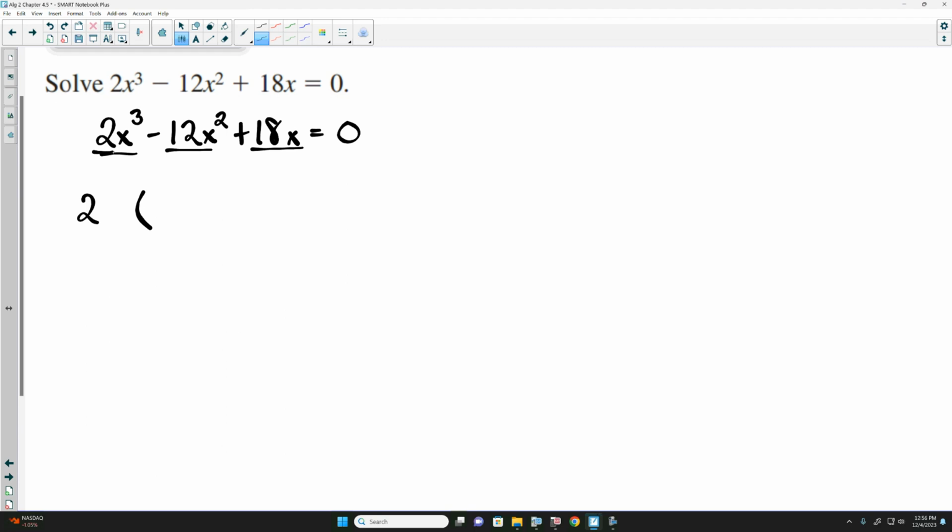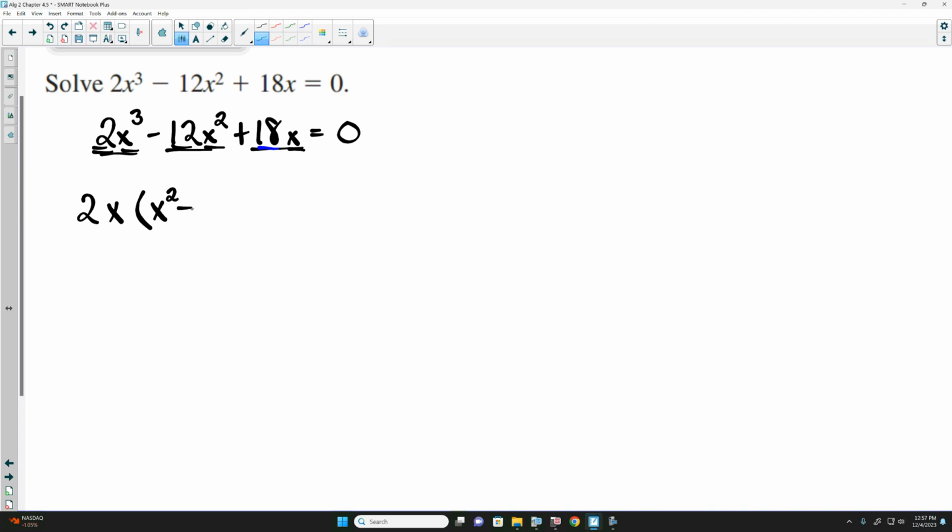Because 2 is in common with our 2, 12 and 18, yes? But we also have x cubed, x squared, and x. Because we have a 2 and an x. If we factor the 2 out of 2, well, that reduces completely. And if I take one x away from x cubed, we're left with x squared.